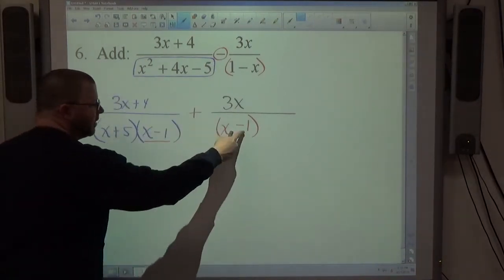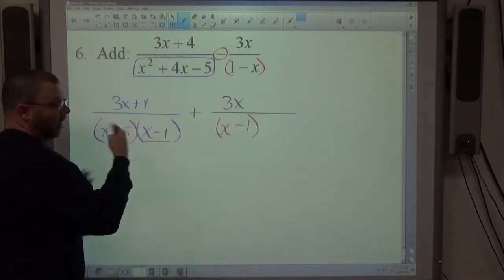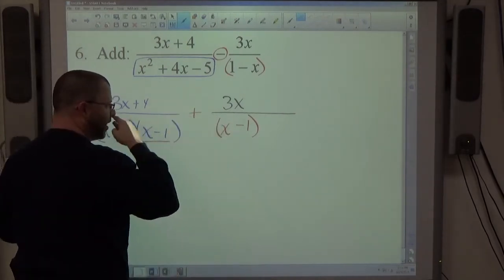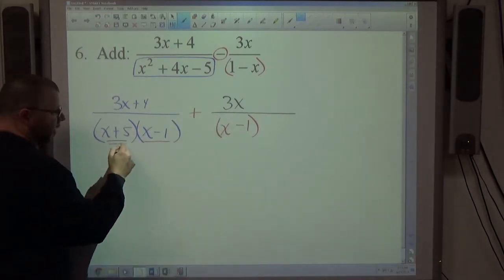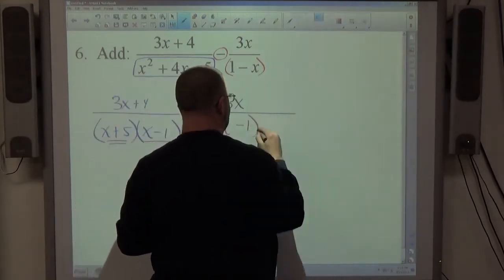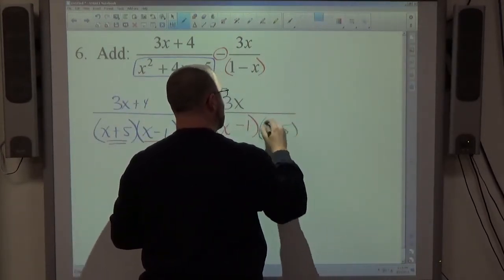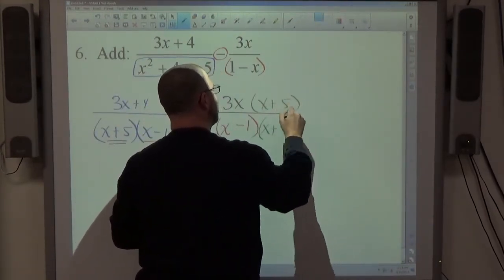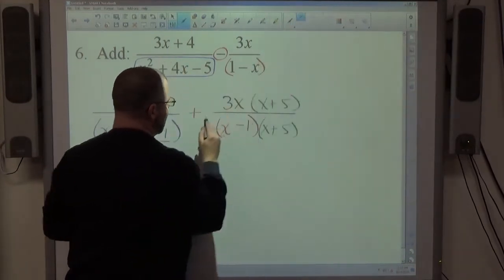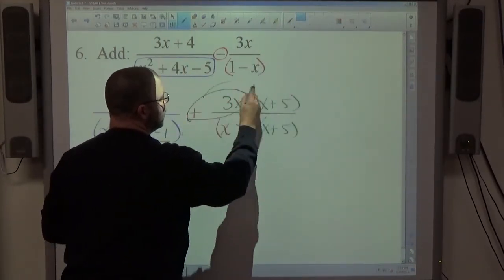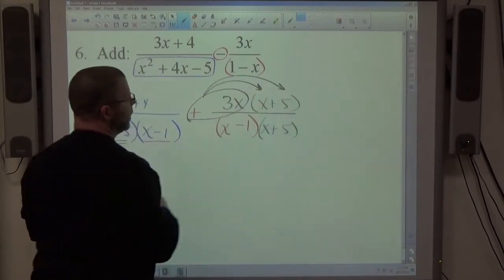Once I get this looking exactly the same as this, legally, by changing sign, then I've got to get this factor on that fraction also. So I need to put an x plus 5 here. That requires me to put an x plus 5 on top. This plus sign is attached to this 3x, so when I distribute, I'm distributing a positive 3x through.